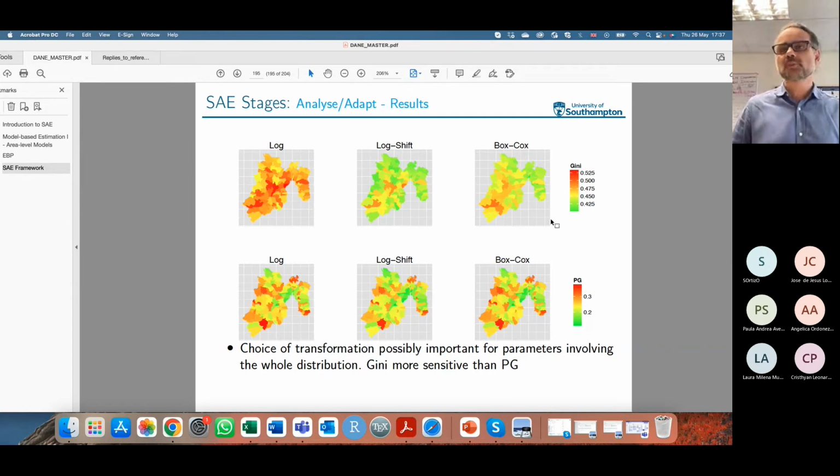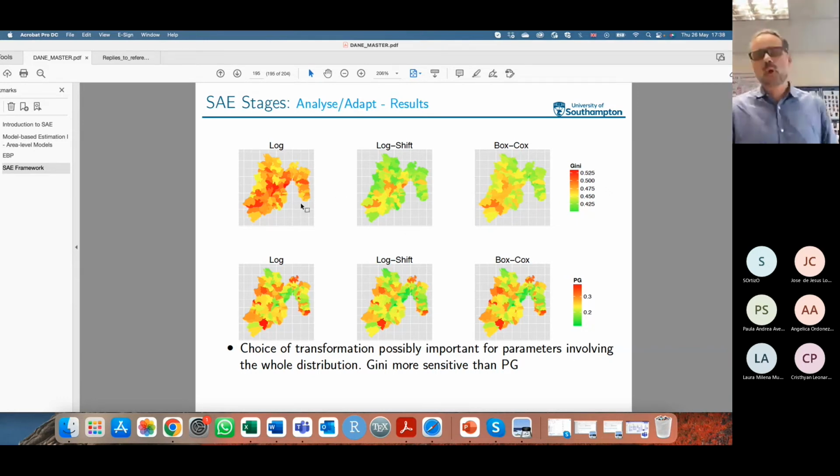For example, the Gini coefficient is quite a complex measure to predict for small areas. You see that using a log transformation will give you quite different results from using a log shift and a Box-Cox transformation. The log shift and the Box-Cox estimates are a bit closer, but the log estimates are quite different.